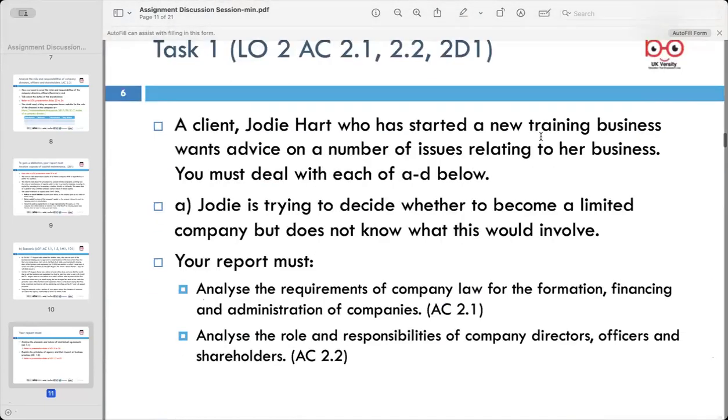The client Jody Hart, who has started a new training business, wants advice on a number of issues relating to her business. So you have your own firm, and she's your client. You will understand the scenario. You will act on behalf of Jody.